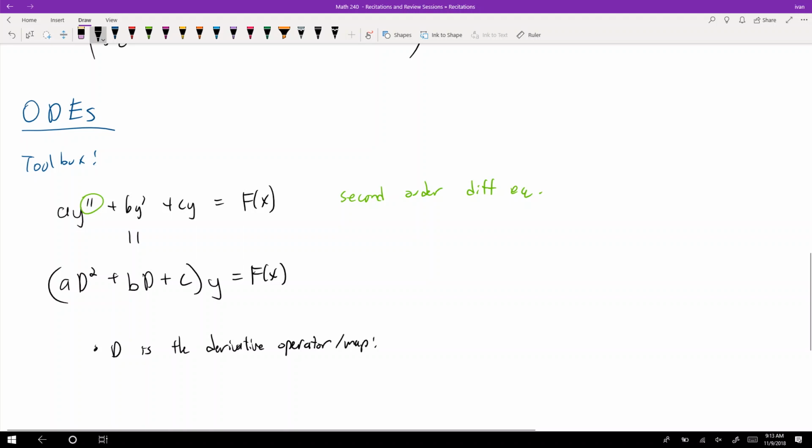D is a linear transformation that takes some continuously differentiable function on an interval and makes it one time less differentiable by taking the derivative. Your book will refer to P of D. This is the polynomial in D, which is the expression in the parentheses. That's P of D.